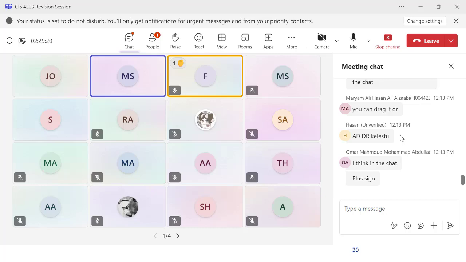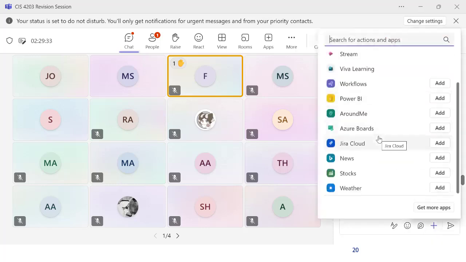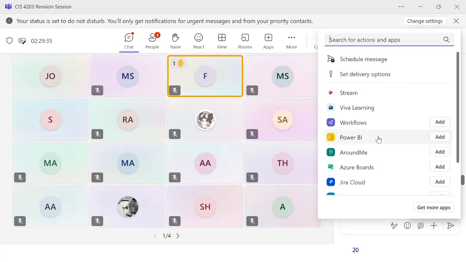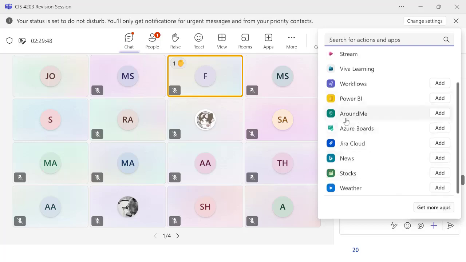Dr. Jim, I have the two plus sign CRMs, so here you have the option. Omar, that's the plus sign, but look at the option that I have. There's nothing there. Usually there should be a place where you can attach, but it's not there.